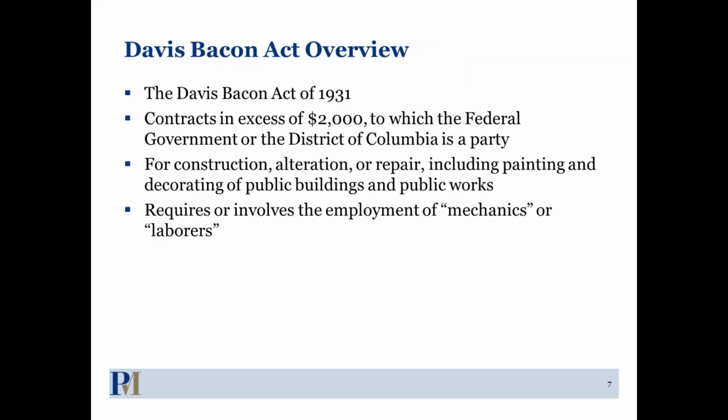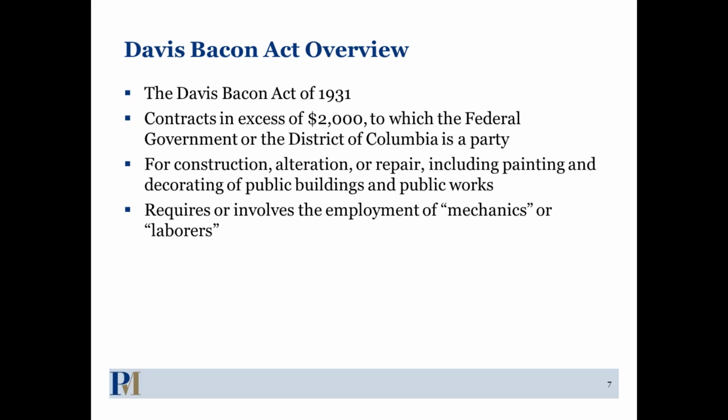So that's SCA, and very similar, but also very different, is the Davis-Bacon Act. It's important to remember, even though these are both prevailing wage laws, they have different regulations and different requirements. The Davis-Bacon Act was passed much earlier.